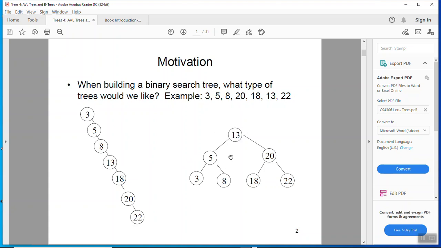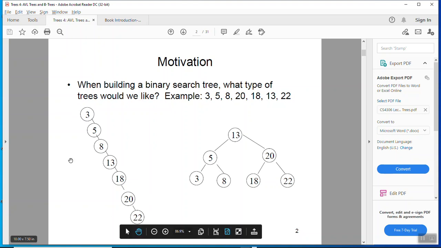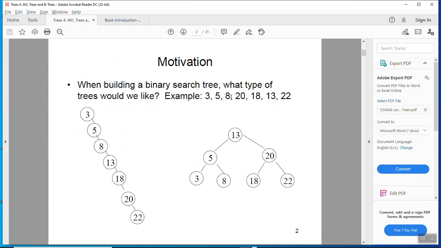So they came in different order. For these 7 data values, there may be factorial of 7 arrangements of these values. So there may be many different types of BST with this single data.